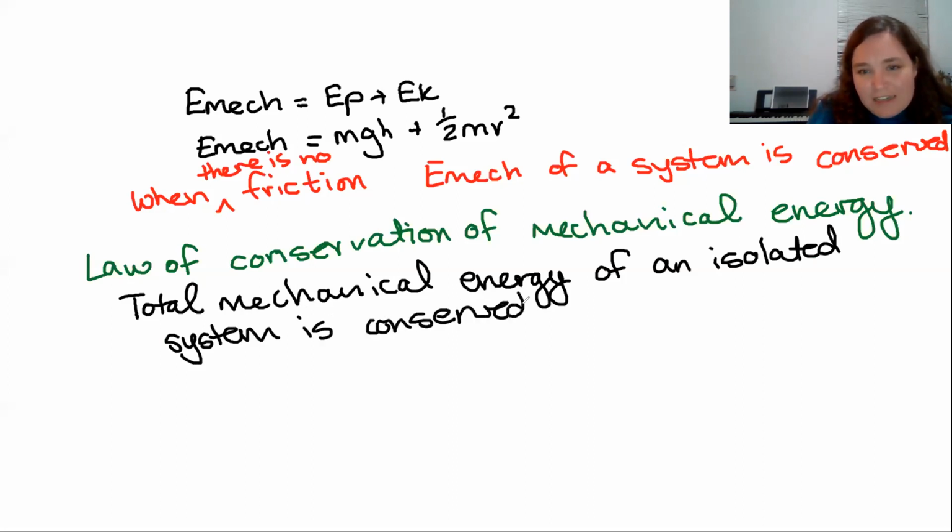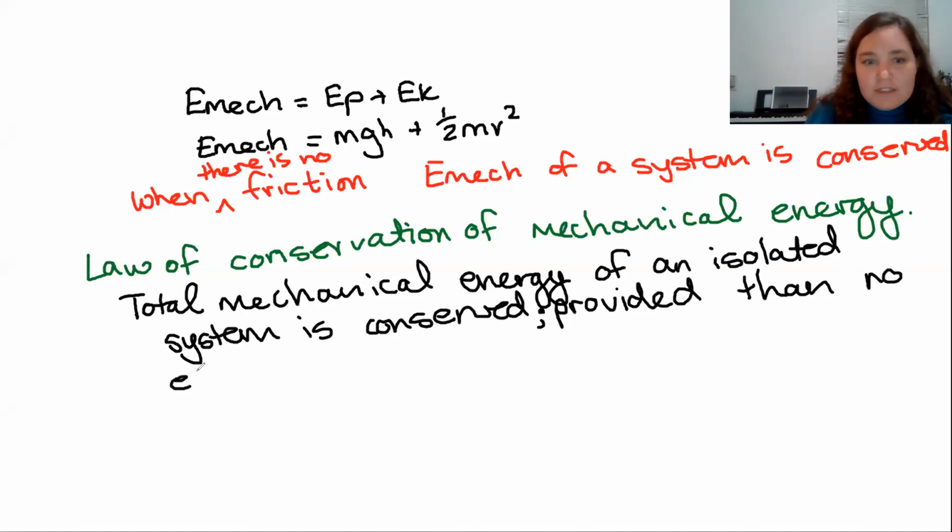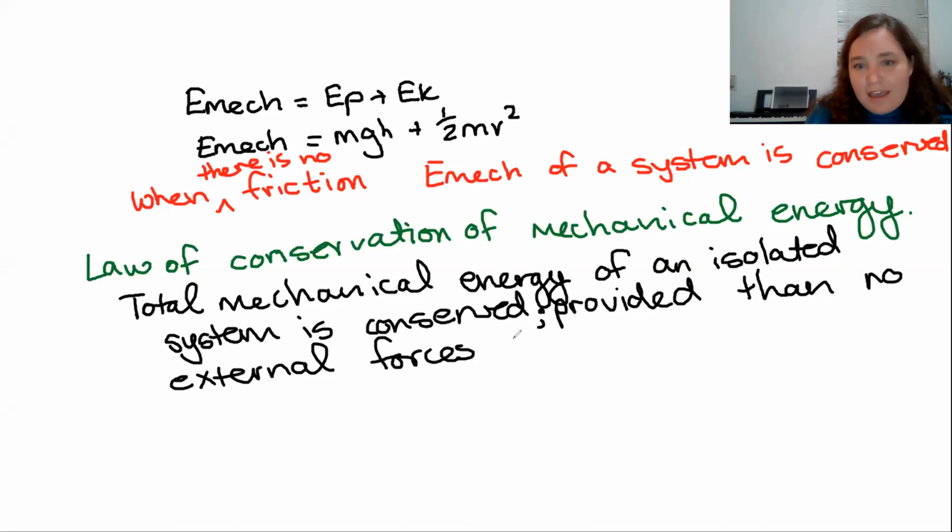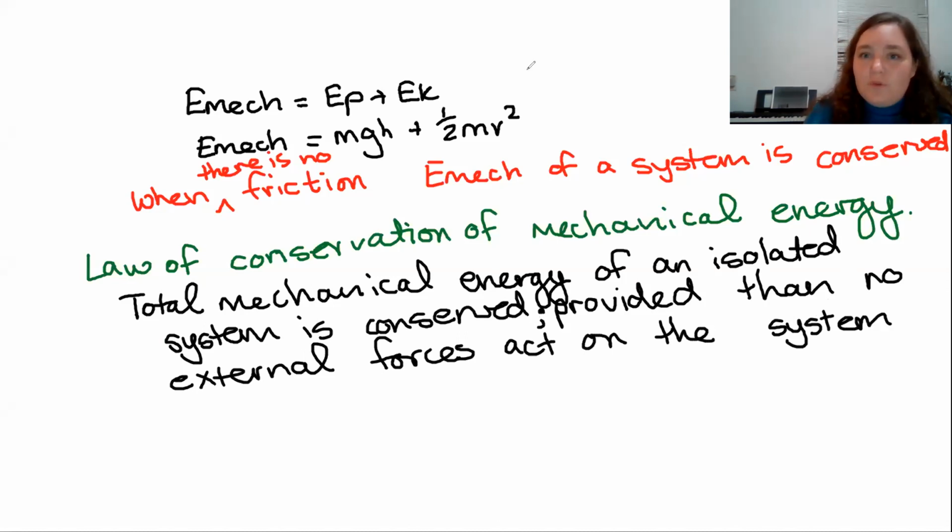I know it's a little bit redundant because technically isolated should mean that there are no external forces, but I still like to say provided that no external forces act on the system. And those external forces that would cause us not to be able to say that the mechanical energy at one point and every other point on that object's motion remain the same is if there is an external force.